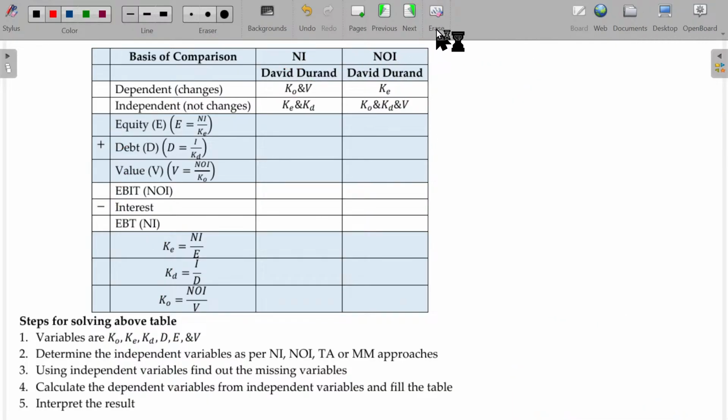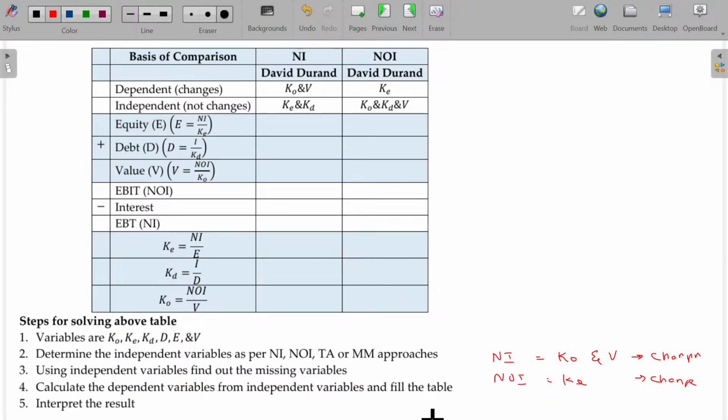Clear? So let me summarize here. In the NI approach, net income approach, KO is changing. As KO is changing, value is also changing. Under the NOI approach, only KE is changing.